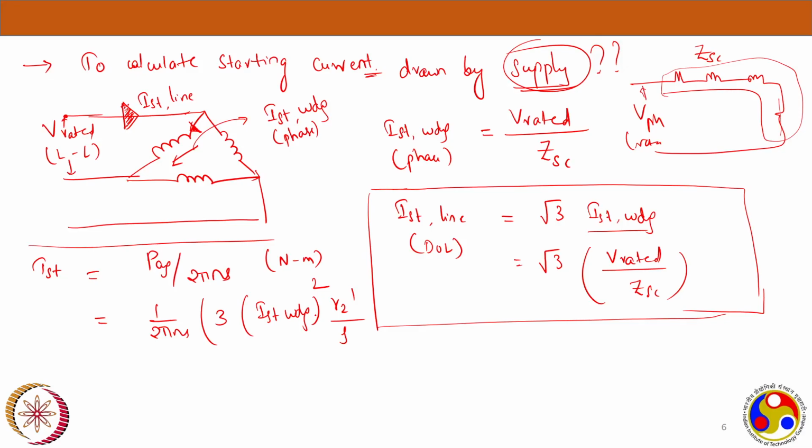However, this S is equal to 1 here, since it's a starting current and S is equal to 1. You don't need to take the S part. Your R2 dash will be there and your I start winding will be there.